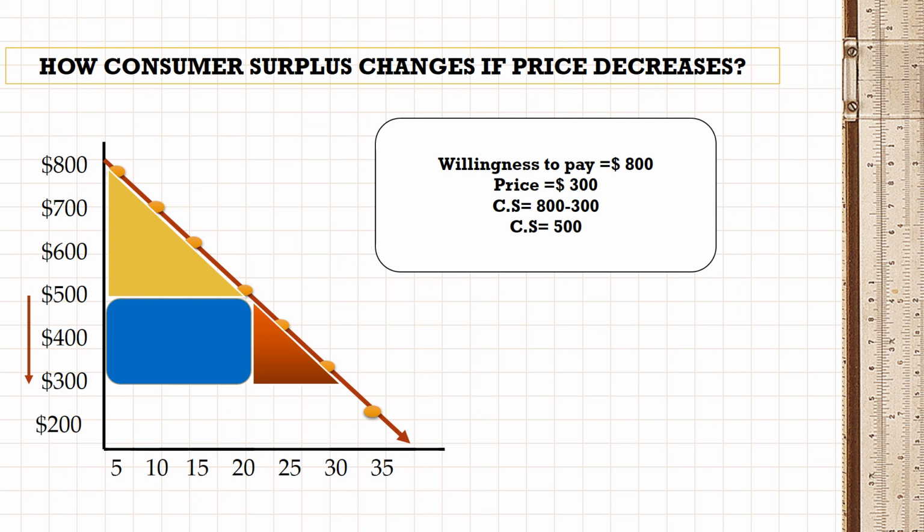Or let's suppose your willingness to pay is $200, but the actual price is $500. In this scenario, you are not able to buy the commodity because you do not value it enough to pay $500. So you won't be able to buy the commodity and you won't receive any consumer surplus.